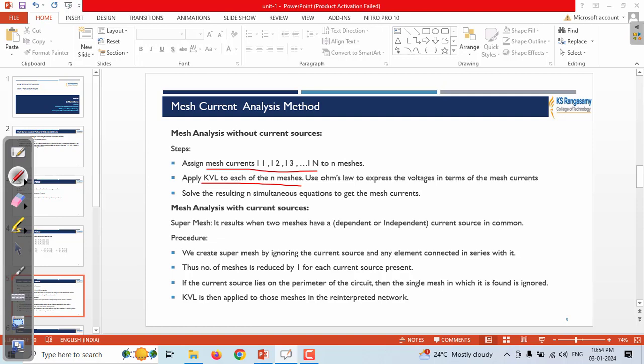Then solve the resultant equations to get the mesh currents. So these are the three steps or procedure for calculating the unknown current.